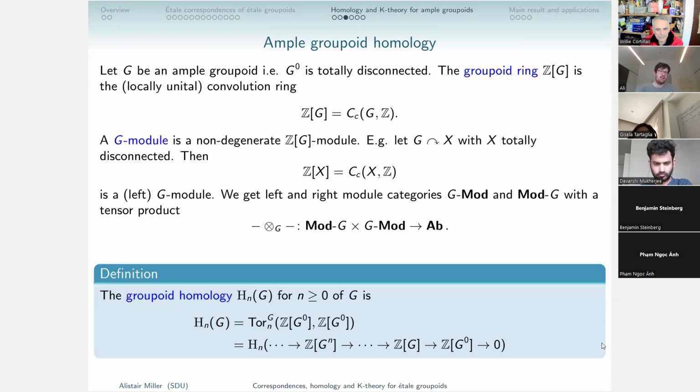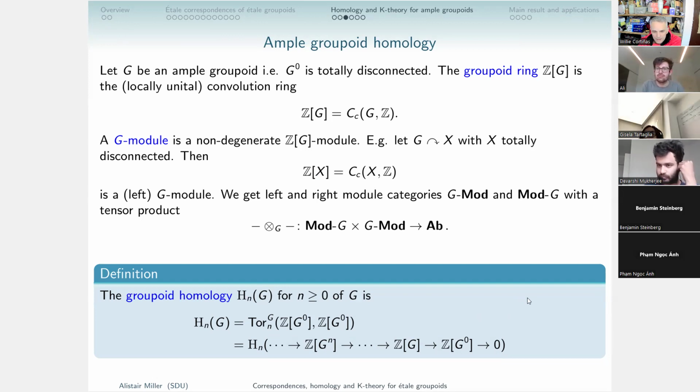So if you know anything about this, then this is great. If you don't know these things, I've probably not helped you much with this slide. Just know perhaps that you can write down a very concrete chain complex in terms of the groupoid, where these guys are the composable n tuples of arrows, so finite paths of arrows, or length n paths of arrows. That has a nice topology.